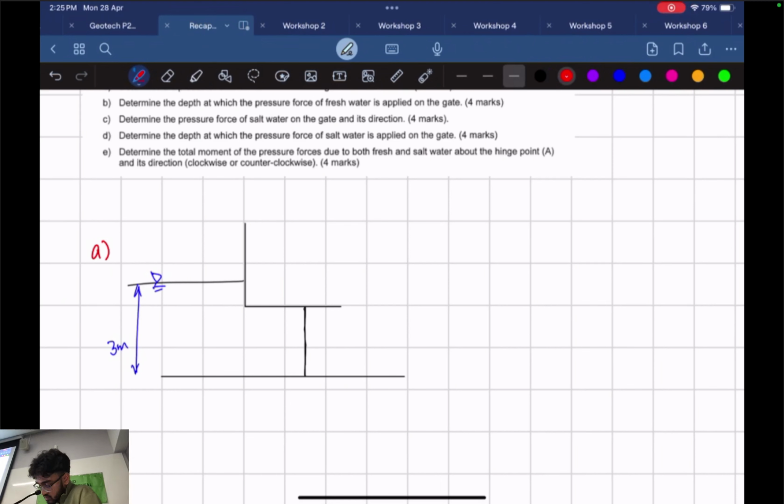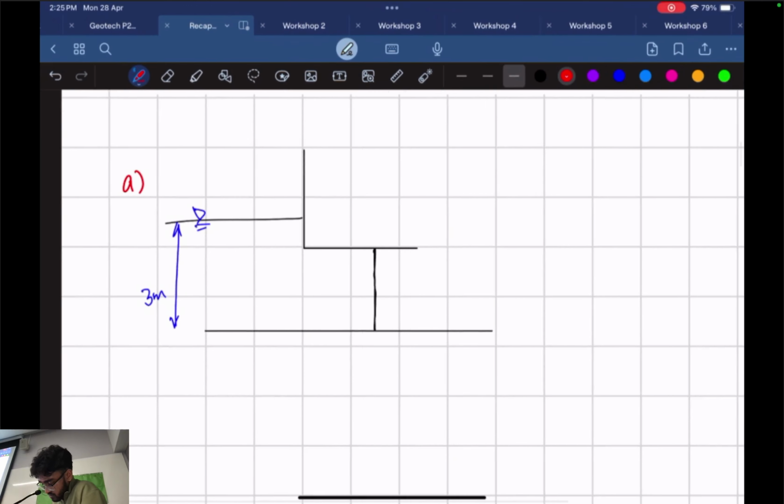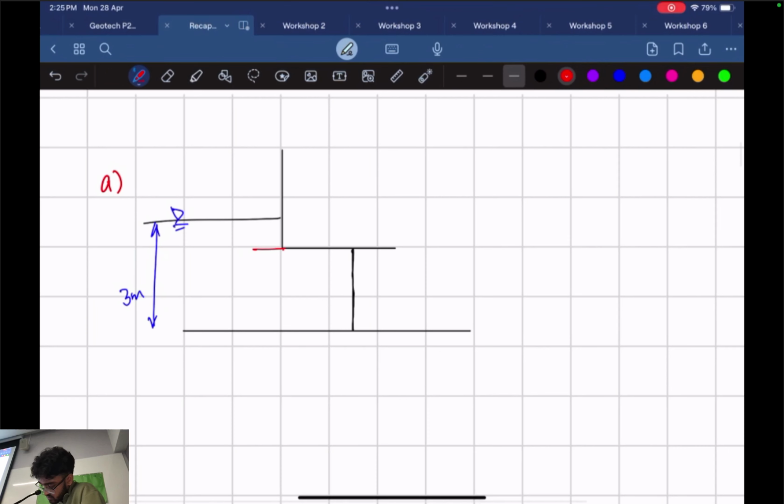It'll look like this. And so the equivalent force will look something like this. Let's call it F1.